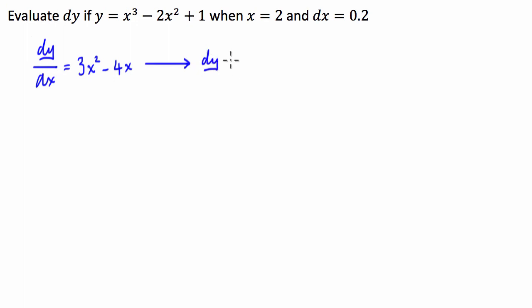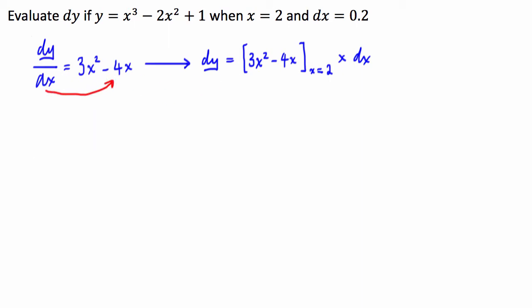We can go dy is equal to, let's put this in a little bracket of its own, the derivative of y with respect to x, 3x squared minus 4x, evaluated when x is equal to, in this case, 2, multiplied by dx. So I just multiply both sides by dx and take it over to the other side.